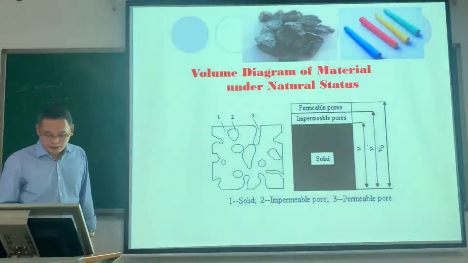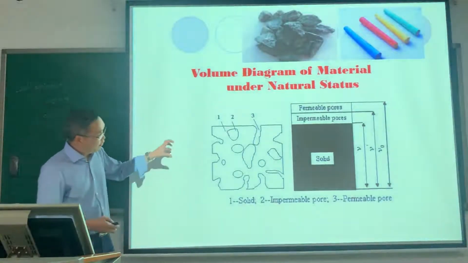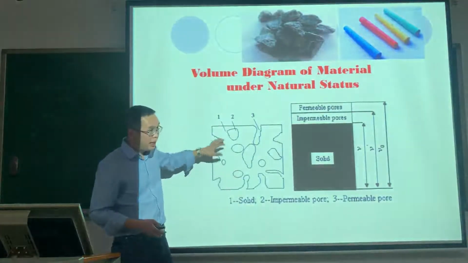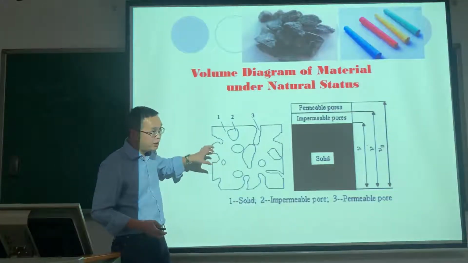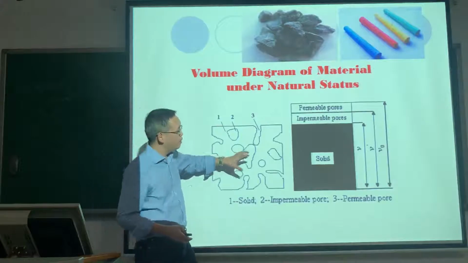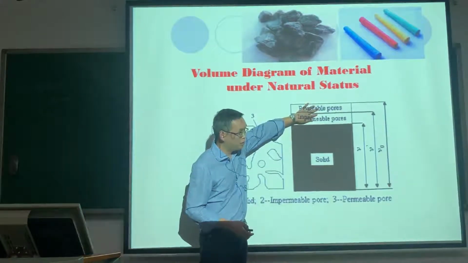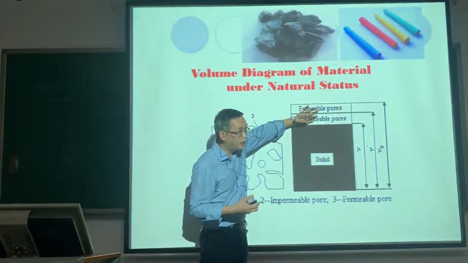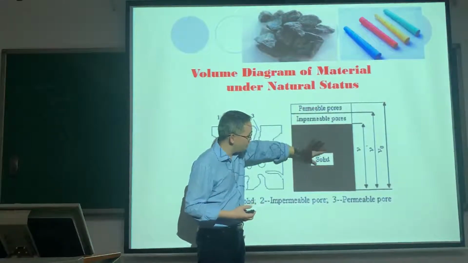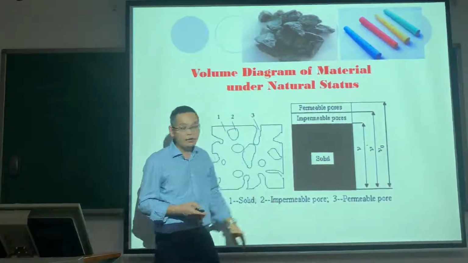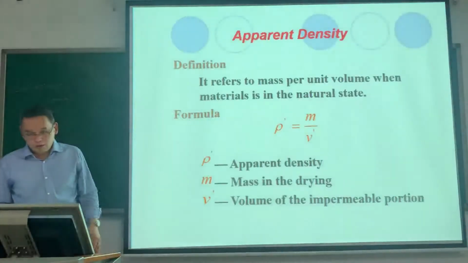If the material is in the absolute dense state, these two pore parts disappear and only the solid remains.